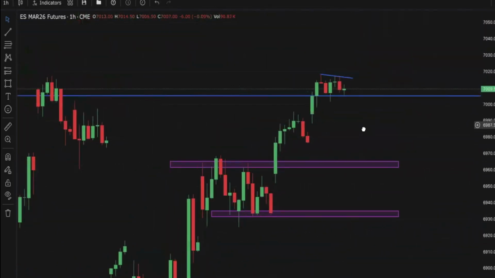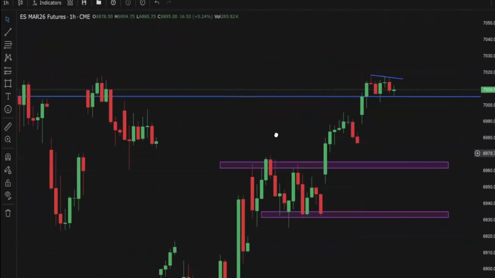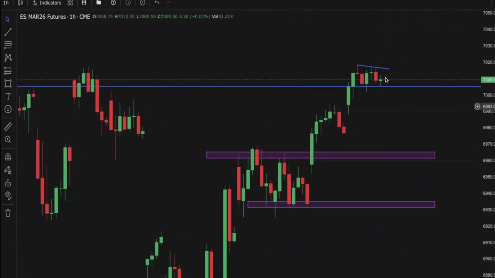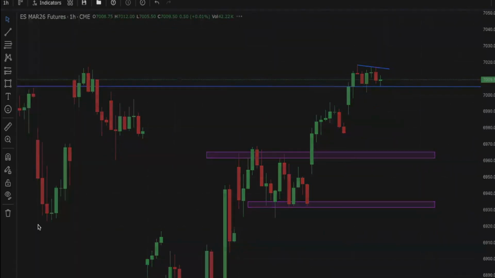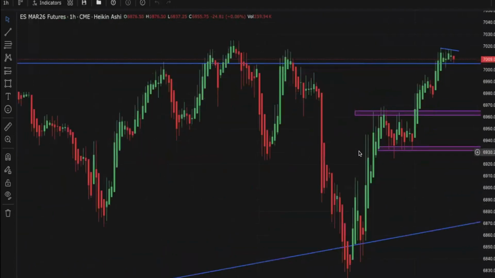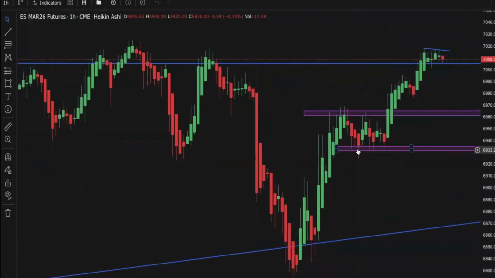So whatever you want to call it, range, or pause if you're new to this, or consolidation, it basically means the same thing. All right, go back to Ikanashi.